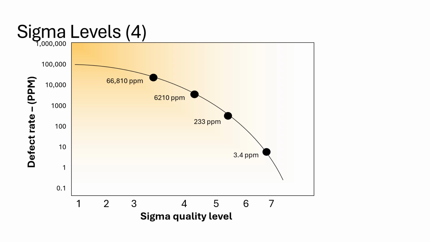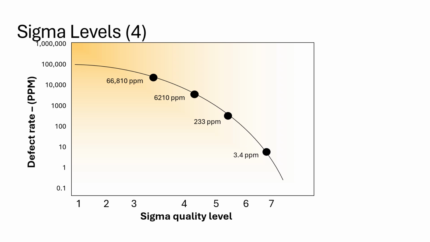Let's continue on. Between 3 and 4 sigma quality level, there's close to 67,000 defects per million opportunities. And then when you get to about a 4.5 sigma level, you're looking at 6,210 defects per million opportunities.